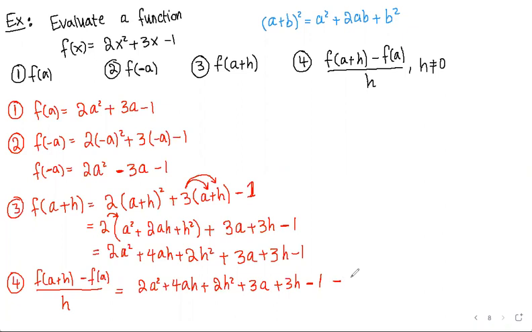So this is minus f of a, it's the first one here, minus (2a squared plus 3a minus 1), over h.